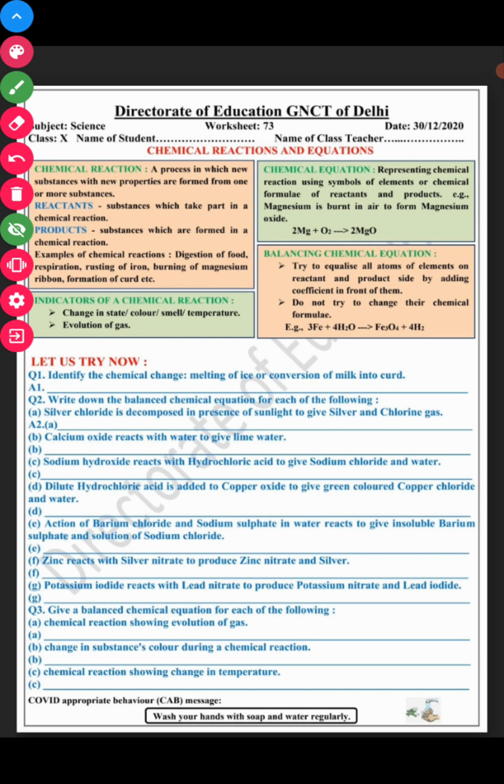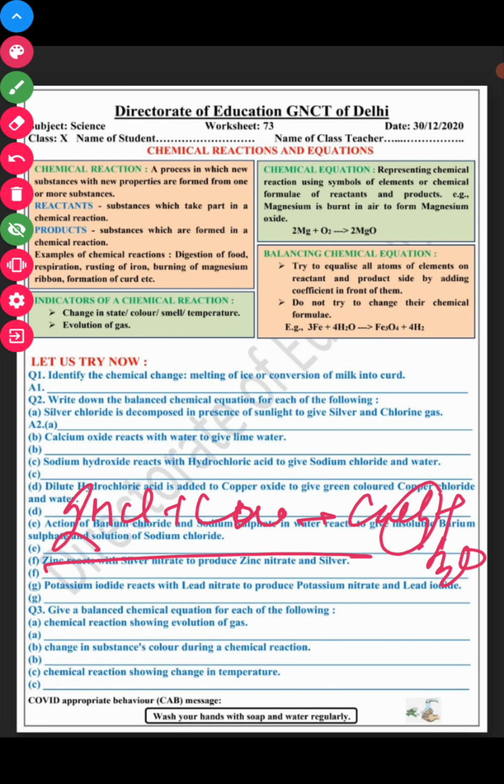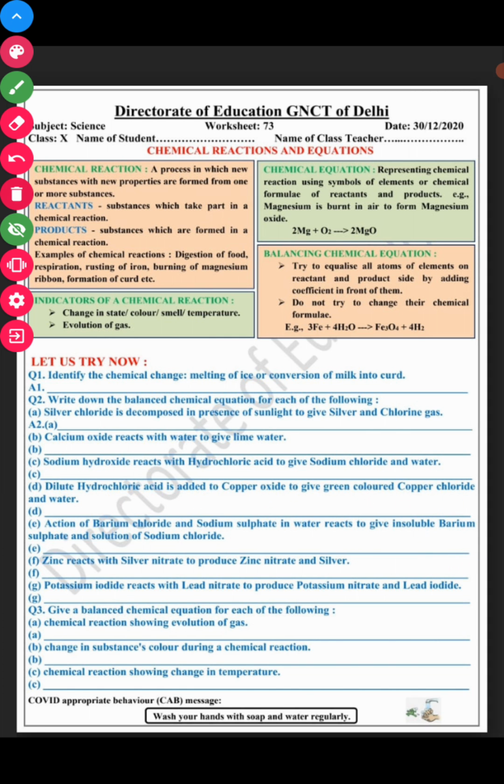This is a neutralization reaction. Dilute hydrochloric acid is added to copper oxide and will give you copper chloride CuCl2 plus water. Then you have to balance this chemical reaction, like here we have 2 and 2, then you have to put 2, so it will become a balanced chemical reaction.